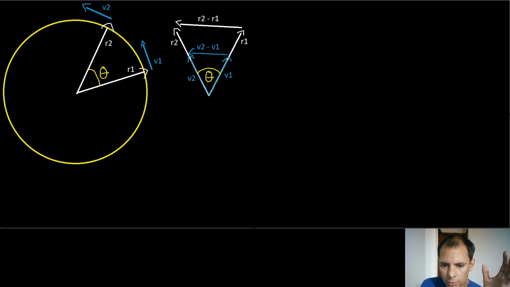And there's something else too. The change in angle is the same. As much as R1 changes into R2, V1 changes into V2. That makes these two triangles similar. So you got a large triangle here. This is all a big triangle. It's similar to this smaller triangle here. Why is that important? Because here we go now.